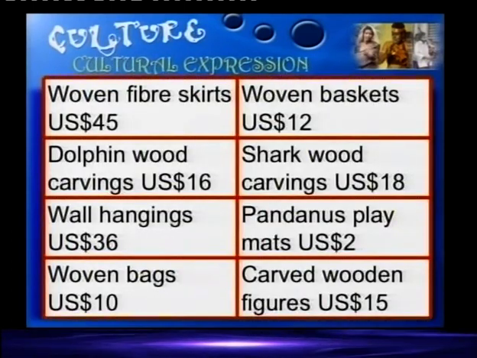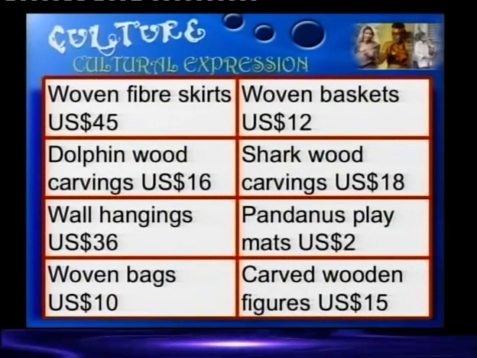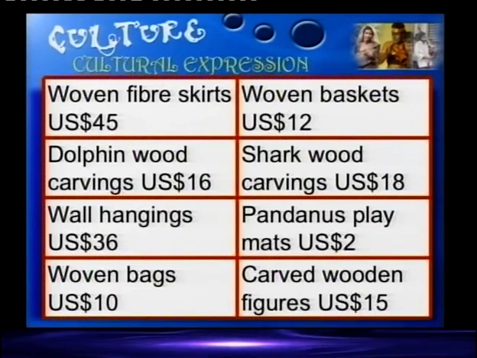So wall hangings, that's 36 US dollars. And 6 placemats. Pandanus placemat, 2 US dollars for one. Okay? And 6 altogether, how much? How much for a wall hanging and 6 placemats? Okay, group 2, please. Esther.